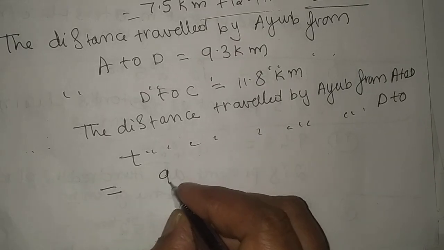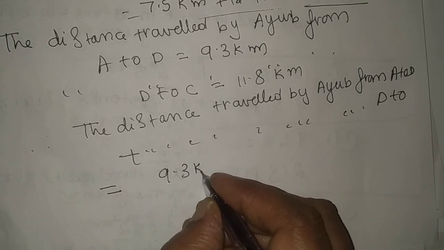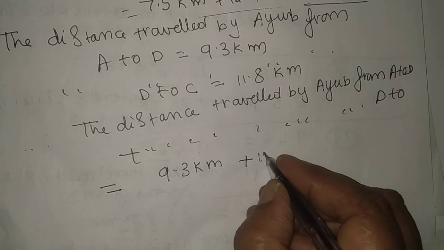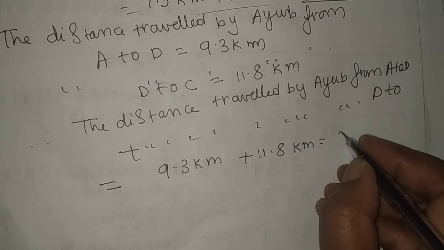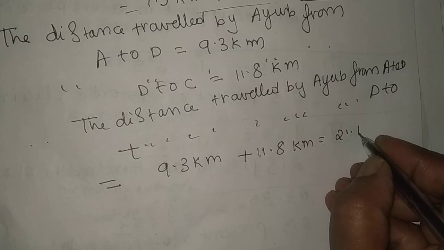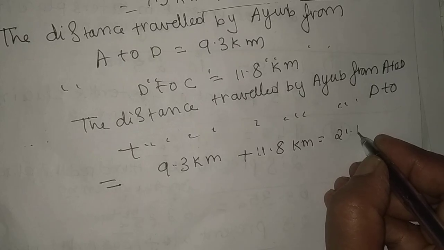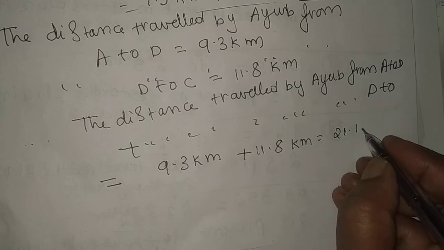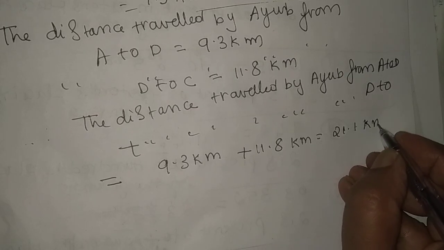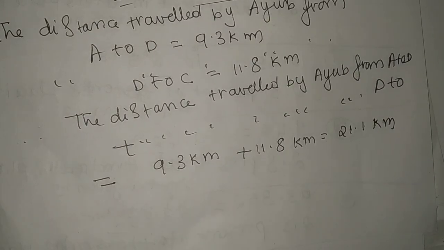What are the data given? That is 9.3 kilometers plus 11.8 kilometers, which will be equal to 21.1 kilometers. This one is 20.2 and this is 21.1 kilometers. Now compare. What is the question?